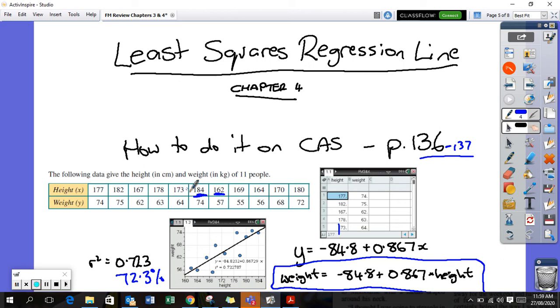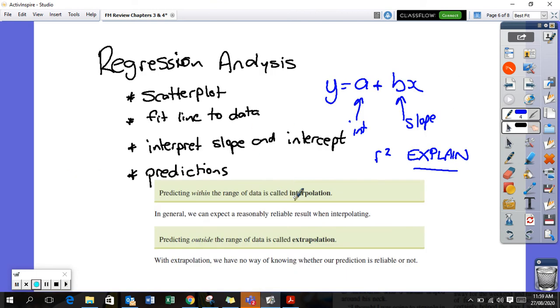So if we make a prediction between 162 and 184, that is an interpolation, because it's within the range of data. If we want to predict for someone that's 140 centimetres or 205 centimetres, that would be outside the range of data, and that would be an extrapolation.